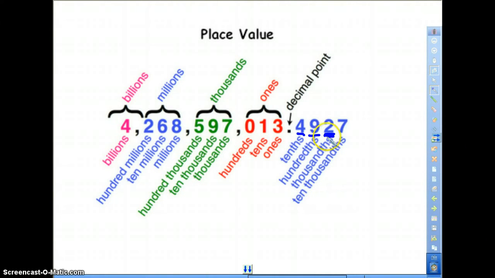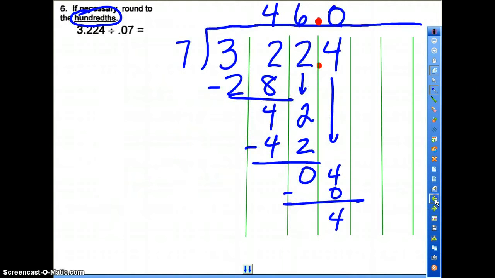We've got to see what number's in the thousandths place to see if that's going to make the guy in the hundredths place round. Okay? So we're not done. We're only in the tenths place. What do I have to do? There's the hundredths place. There's the thousandths place. So take the place they want you to round to and add one more place value to it. In this case, we're getting one more place value smaller.